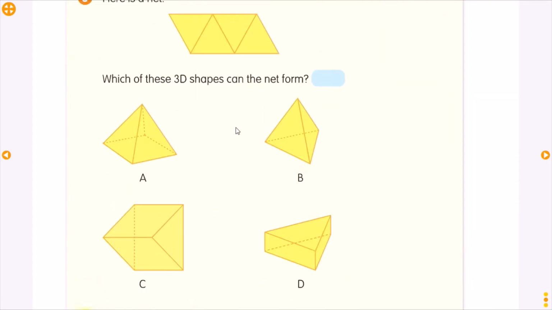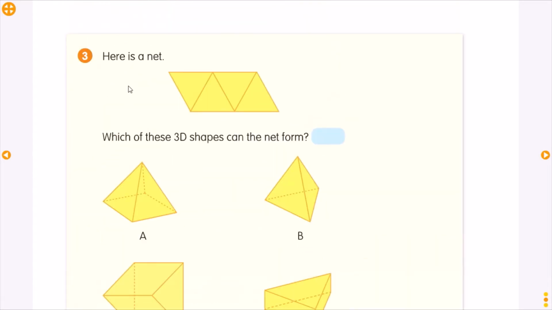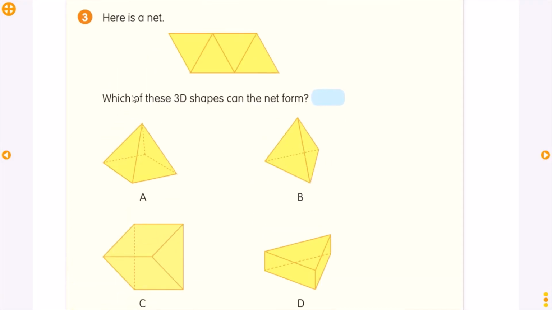Okay, let's go to the questions on page 146. Now here is a net. Okay, which of these shapes can be formed from this net? So is it A, B, C, or D? Try to circle or tell me which letter should be the answer for question number 3.